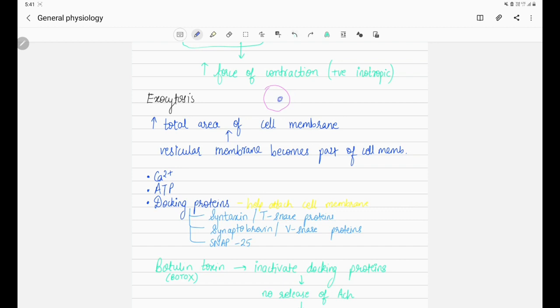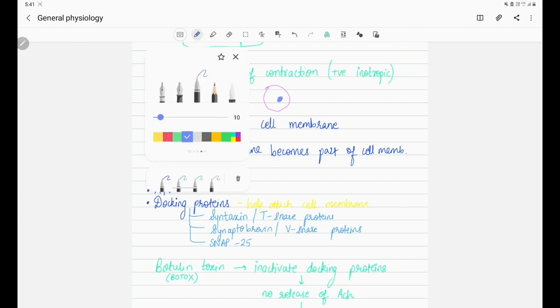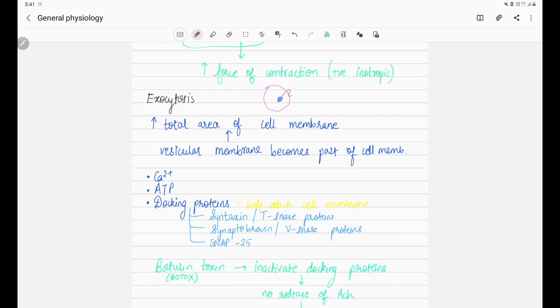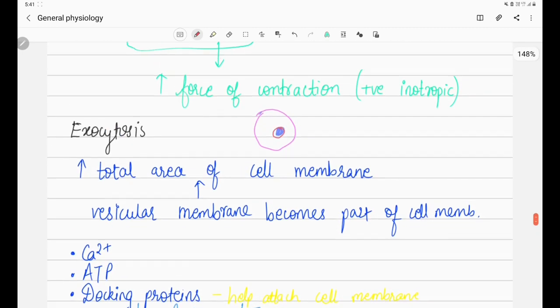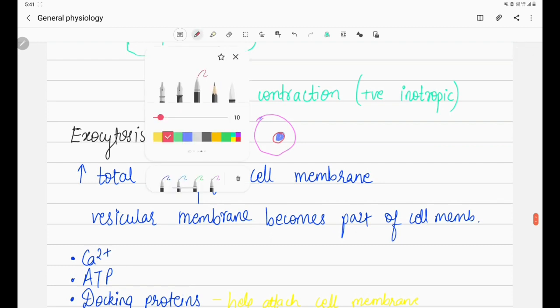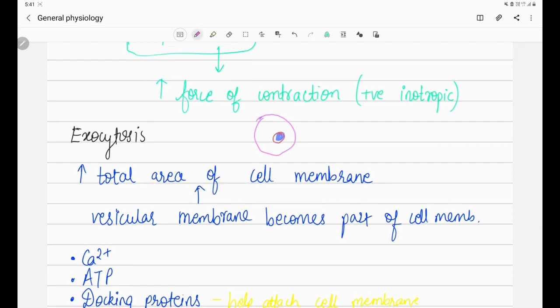So this is a body inside, and it has a membrane around it of this color. Now, when it's going to exocytose, this will go this way.